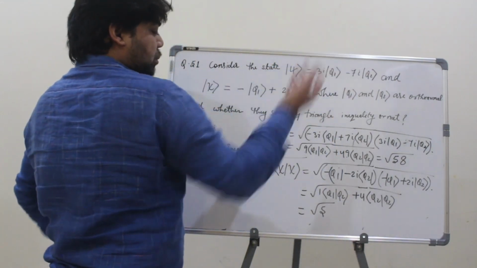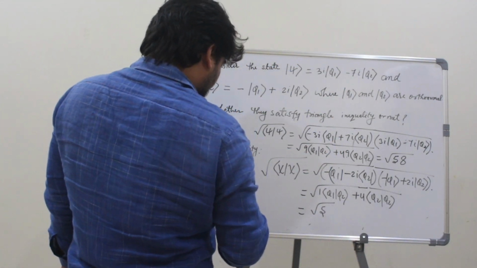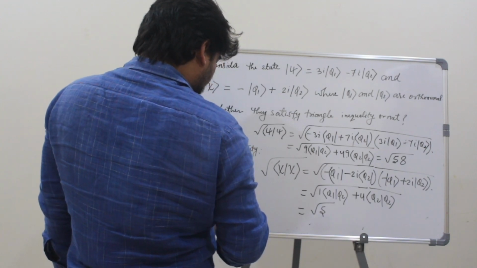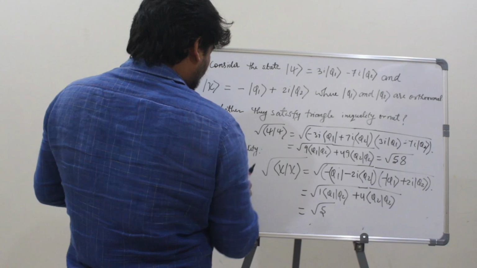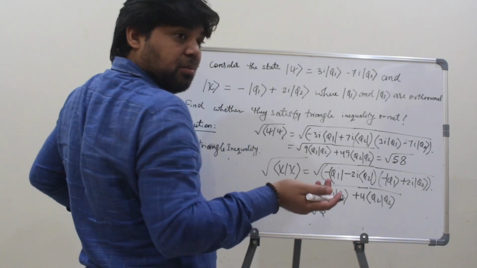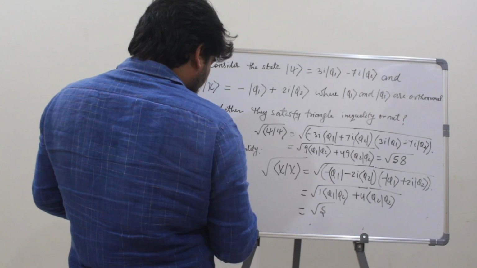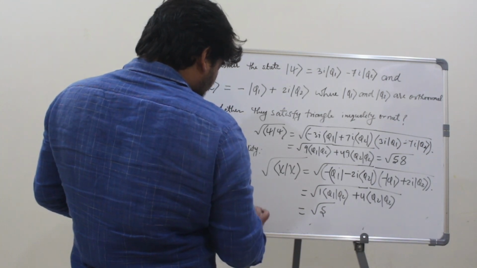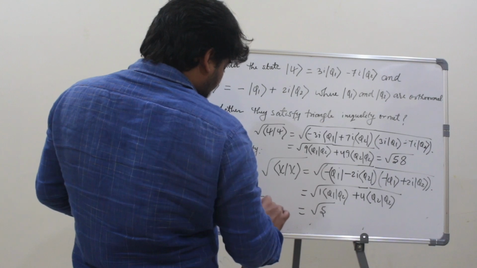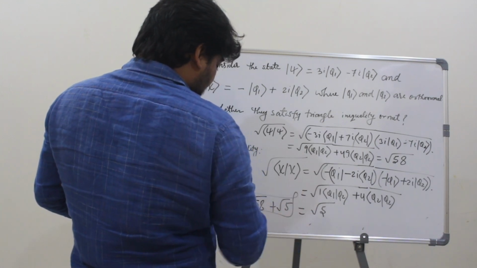So now let us check whether the triangle inequality is satisfied or not. The norm of psi plus chi is root 35, which is less than or equal to root 58 plus root 5, which is true.